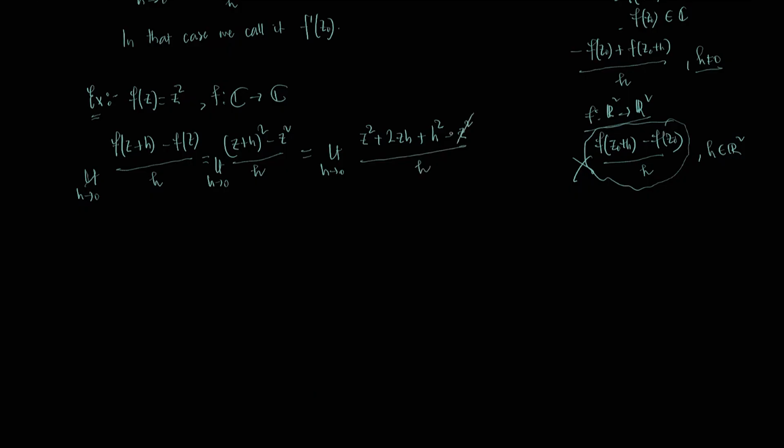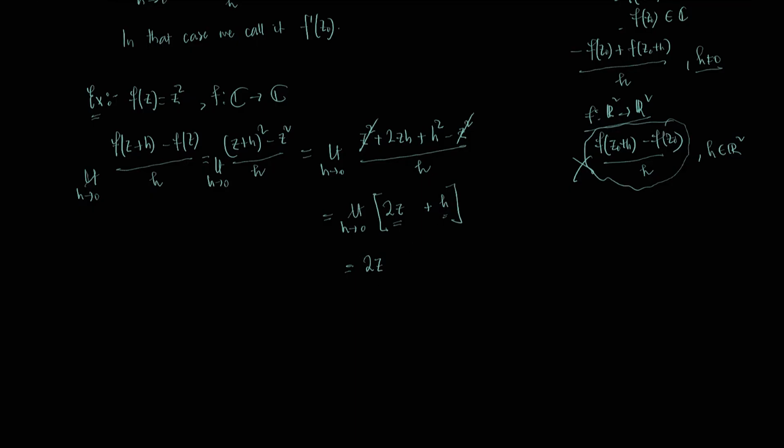Now you see we can subtract these two, and limit h tends to 0, this becomes 2zh plus h square by h, so 2z plus h. Then if you write it down, limit h tends to 0, 2z is nothing but 2z, and limit h tends to 0, h is nothing but 0, right?